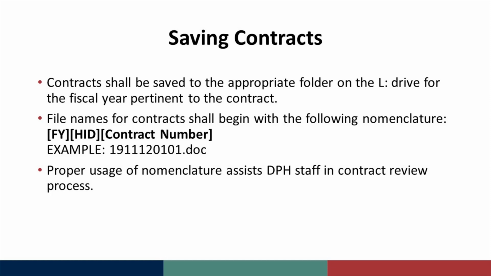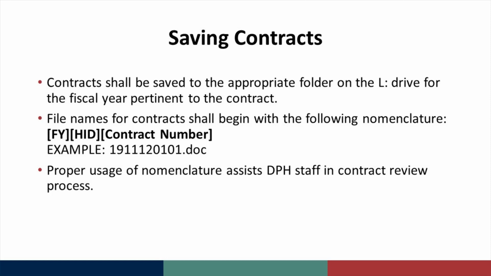File names for contracts shall begin with the following nomenclature: the fiscal year to which the contract pertains, your health department's 3-digit HID, and then the contract or provider number of the contract.